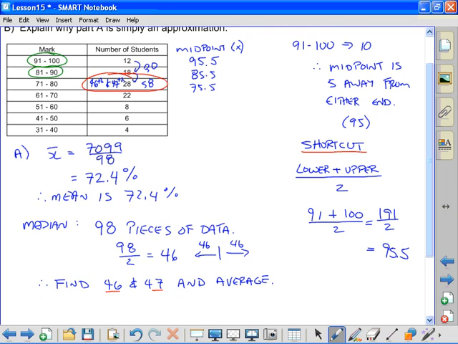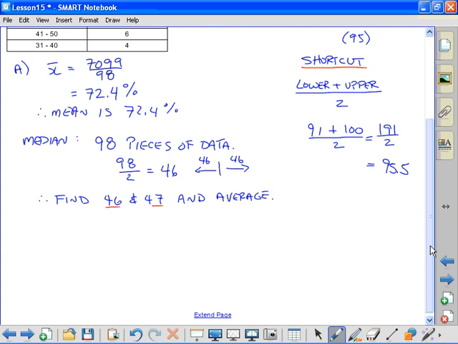So what does that mean for the median? Your median is 75.5, the actual midpoint. Therefore, the median is 75.5%.